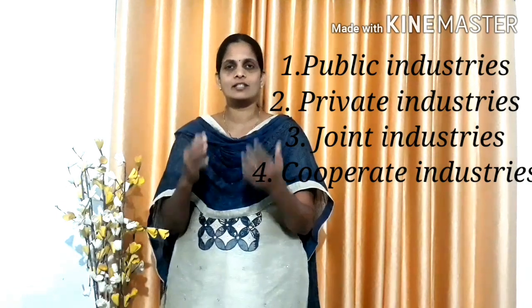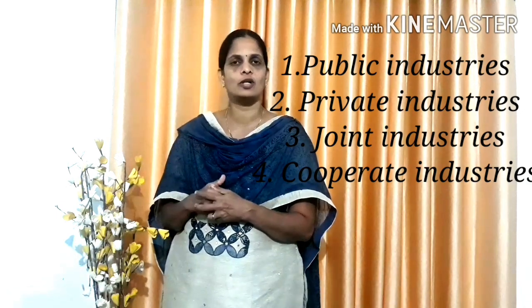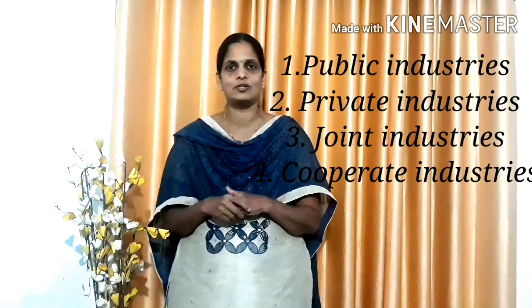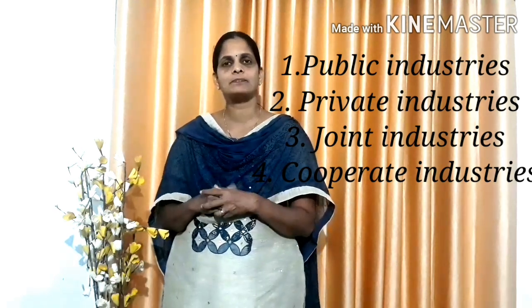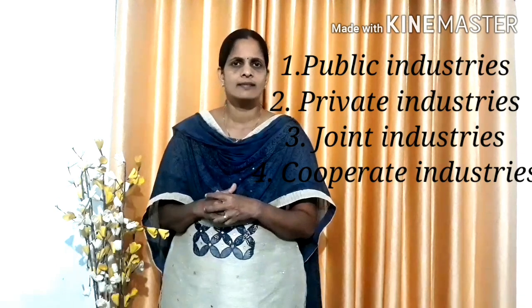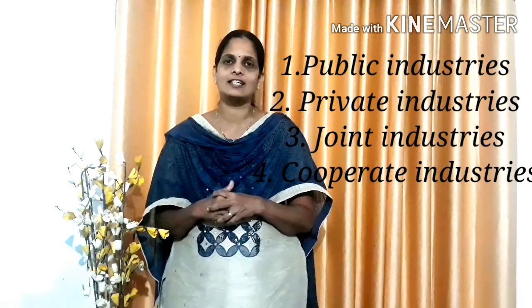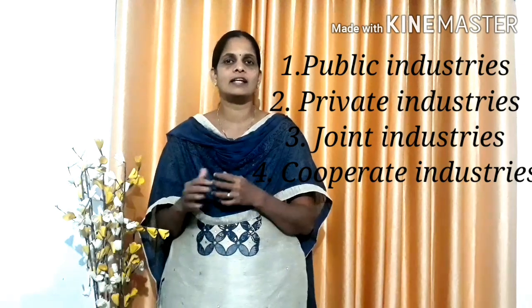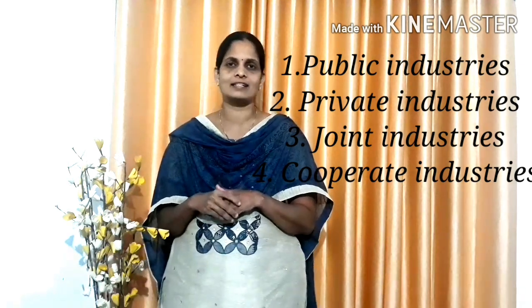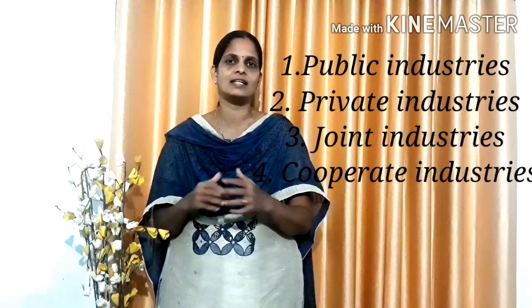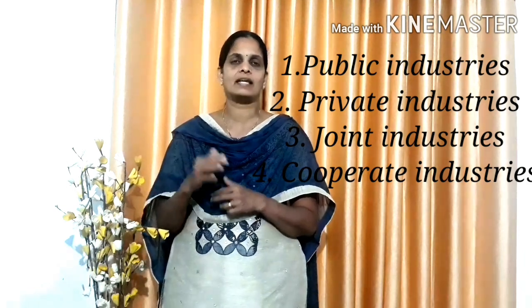These four types you already learned in the lower classes. Is it okay? The first one is public industries. Public industries are the industries which are owned and managed by the government of a country, by the state, and are called public industries.